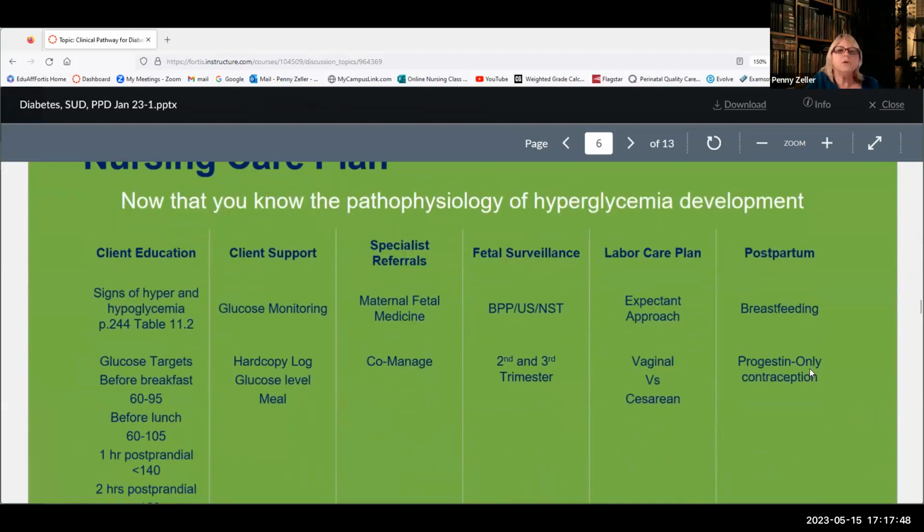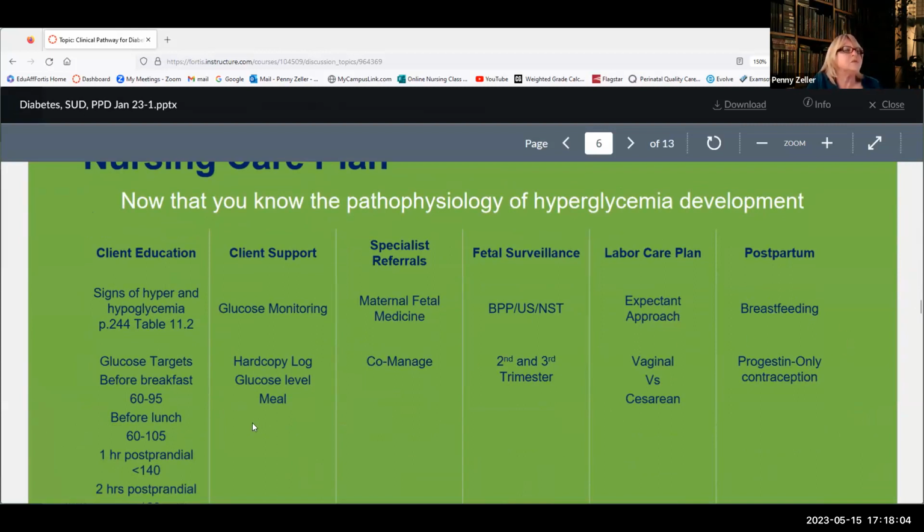Early in pregnancy with a diabetic, we're talking about signs and symptoms of hypo and hyperglycemia, teaching about target levels, right?